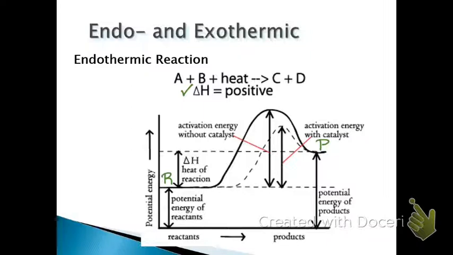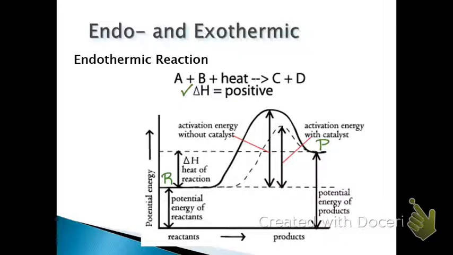Now look at what is on the y-axis, potential energy. If you guys will recall, when we talked about potential energy earlier, we said that is the energy that is stored in the chemical bonds.